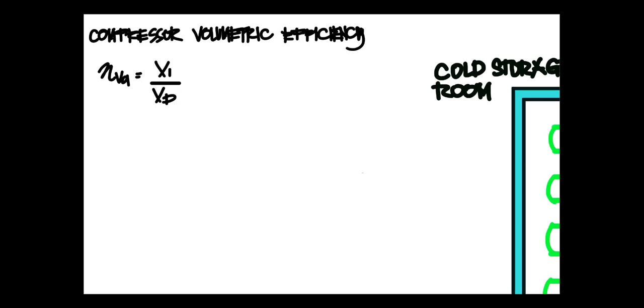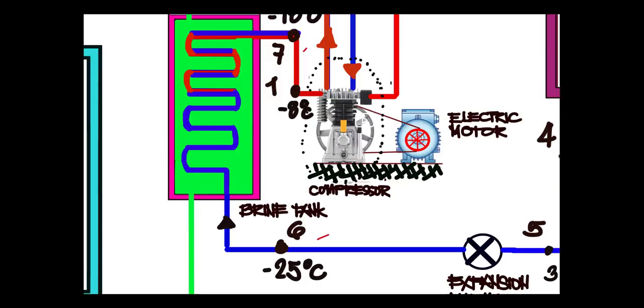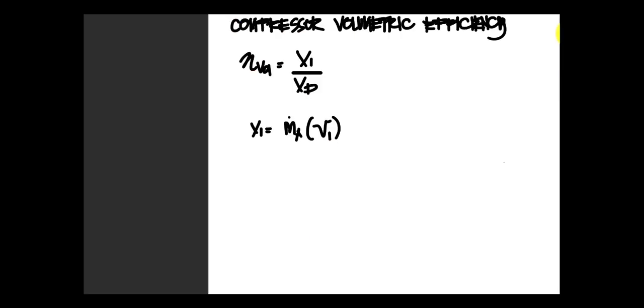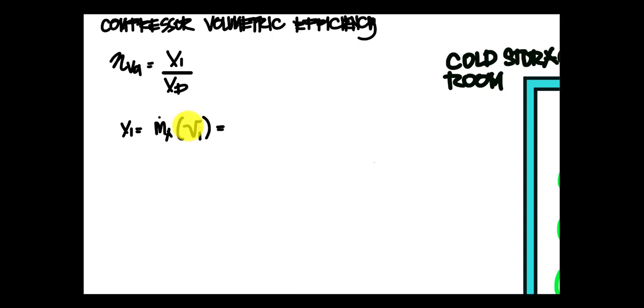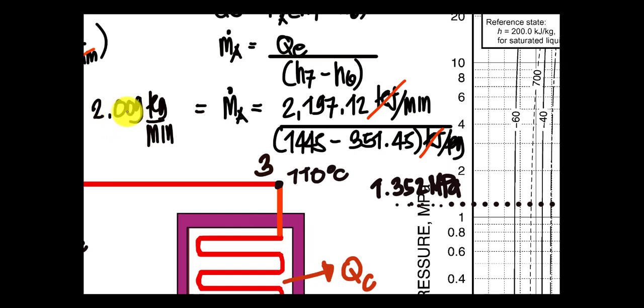For the volume at point 1, V1 is equal to the mass flow rate of ammonia multiplied by the specific volume of ammonia at point 1. The mass flow rate of ammonia is 2.009 kilogram per minute.